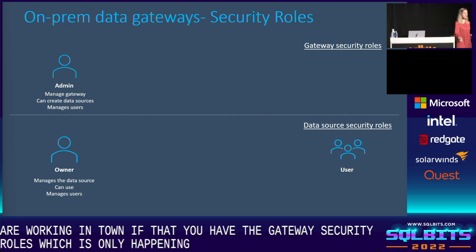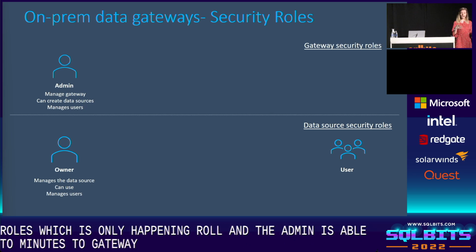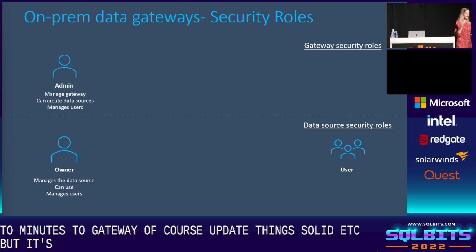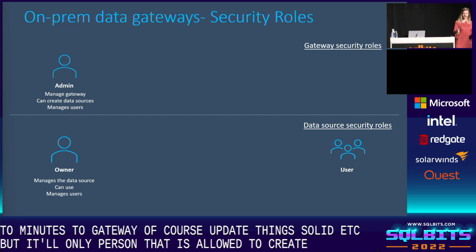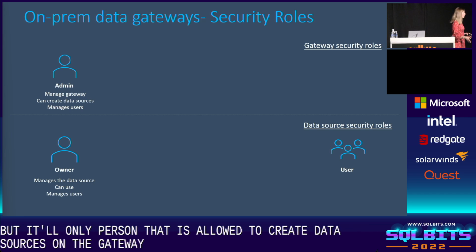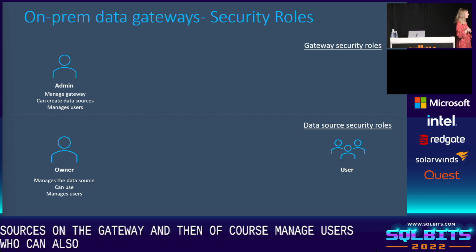And the admin is able to manage the gateway, of course, update things, install it, etc. But it's also the only person that is allowed to create data sources on the gateway. And then, of course, manage users who can also use the data sources or the gateway.